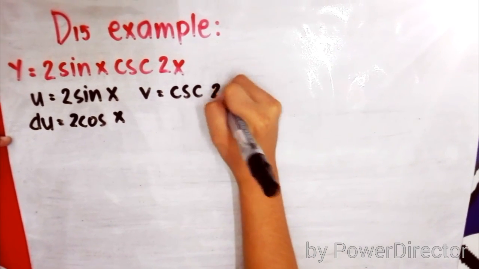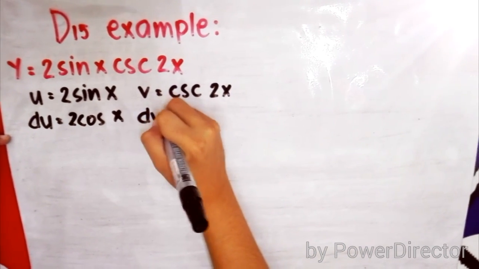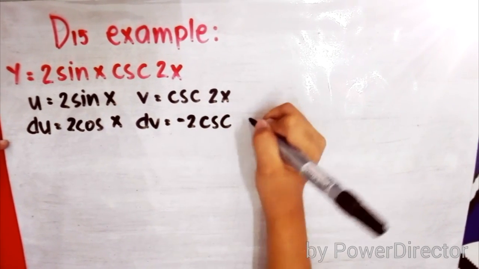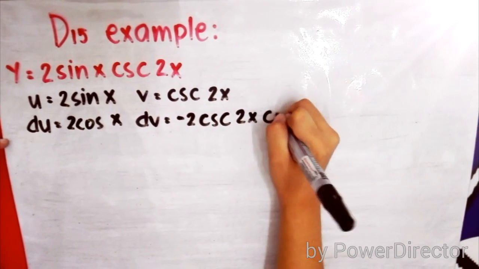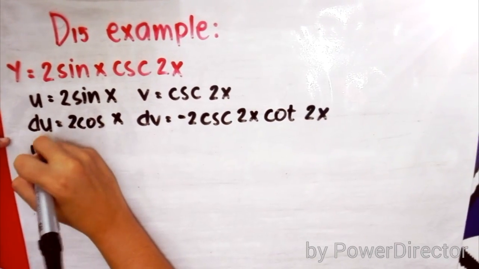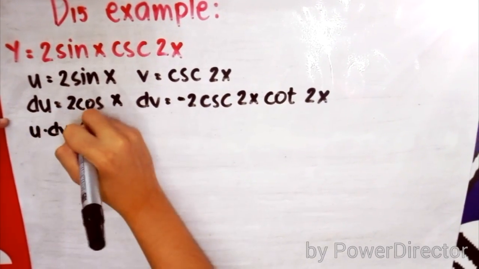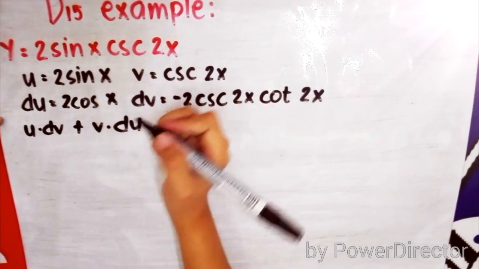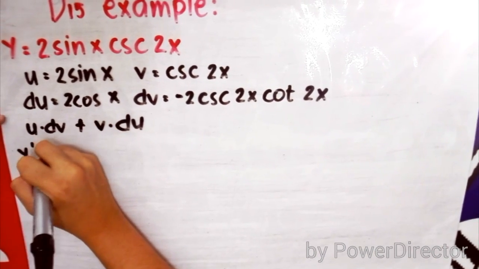The v is cosecant 2x, and its derivative will be negative 2 cosecant 2x cotangent 2x. The formula will be u multiplied by the derivative of v plus v multiplied by the derivative of u. So, substitute.